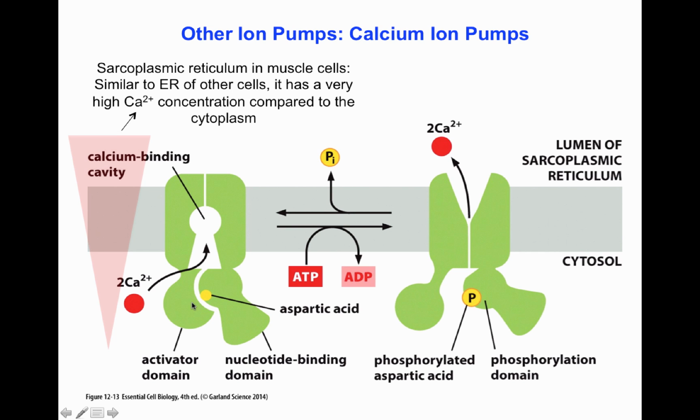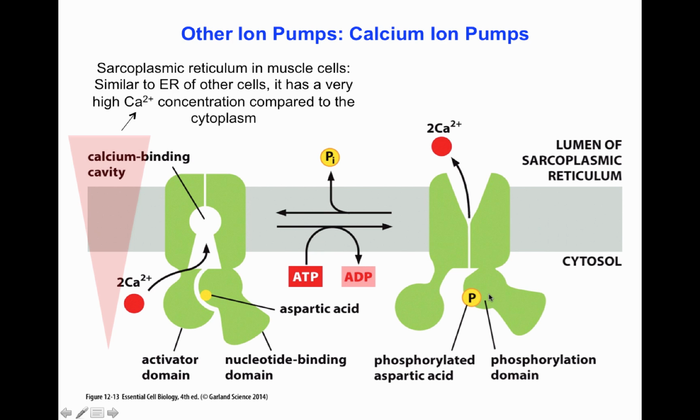There is a particular aspartic acid in the cytosolic portion of the pump. You have an activator domain as well as a nucleotide binding domain. The aspartic acid that is going to be phosphorylated is found within the nucleotide binding domain of the pump. When calcium binds to the pump, you will have the phosphorylation of the aspartic acid, and the phosphorylation comes from the hydrolysis of ATP.